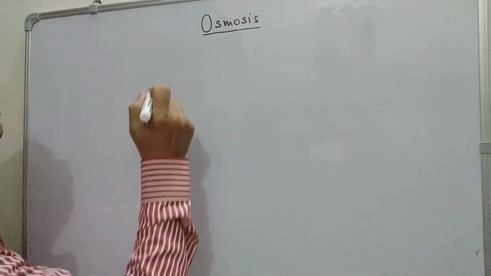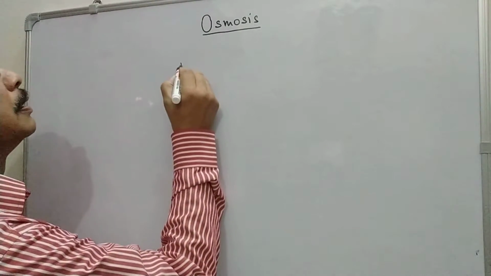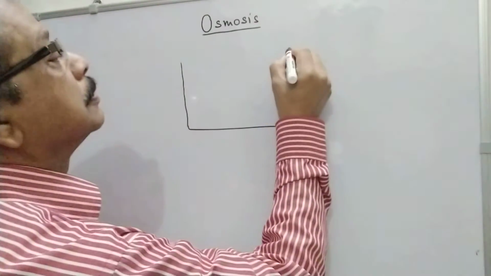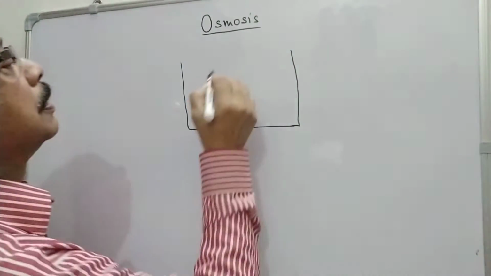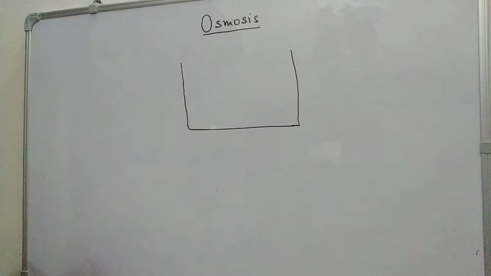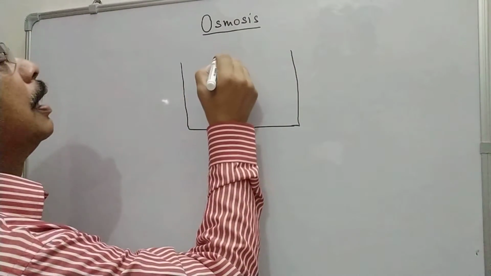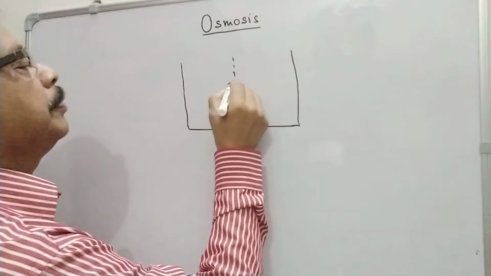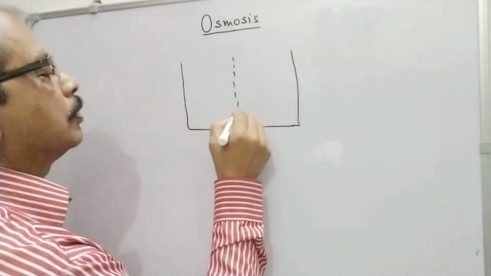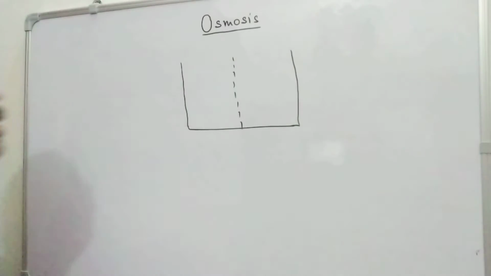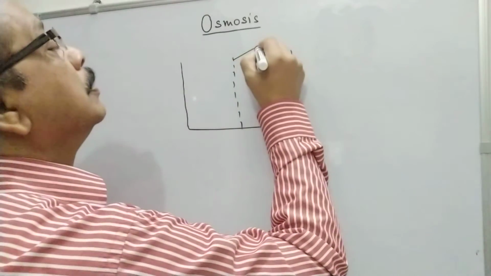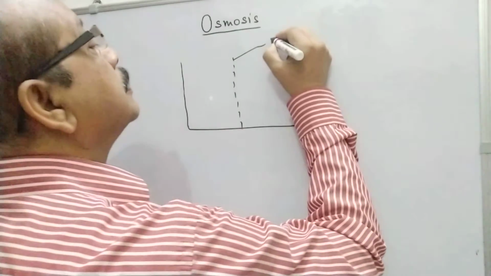Here again we will take a large beaker having a semi-permeable or selectively permeable membrane in the middle of this beaker.